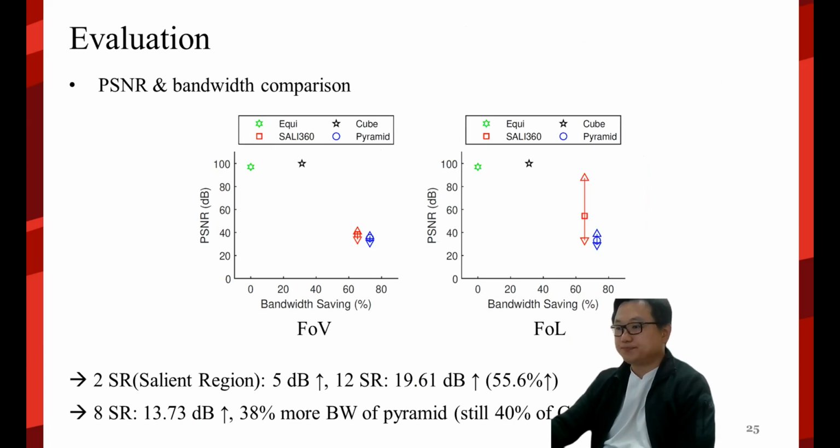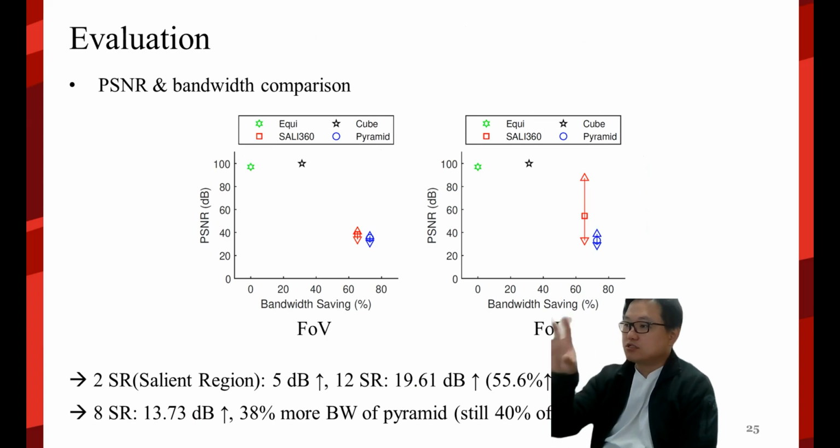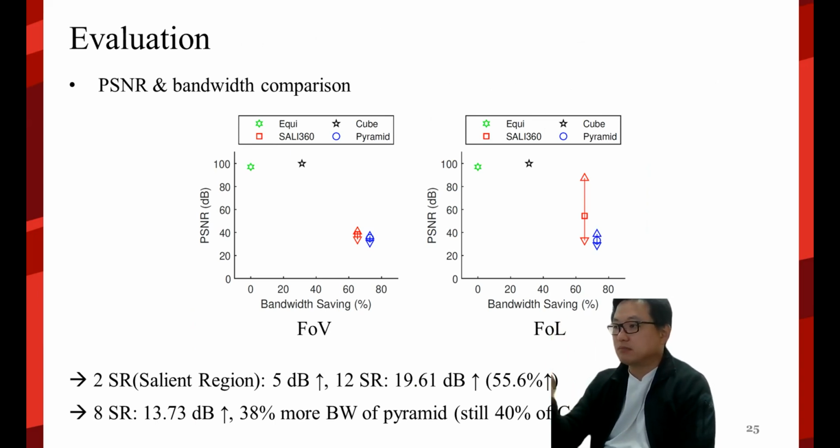So PSNR is a commonly recognizable metric. Its comparison is what the PSNR is between the original video and the decoded video. So we check the differences pixel by pixel. That's the PSNR. So let's look at the PSNR. So equirectangular is original contents with 0 bandwidth saving and almost 100 PSNR, which is equal.